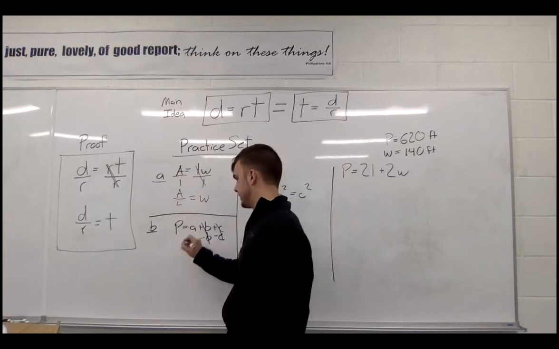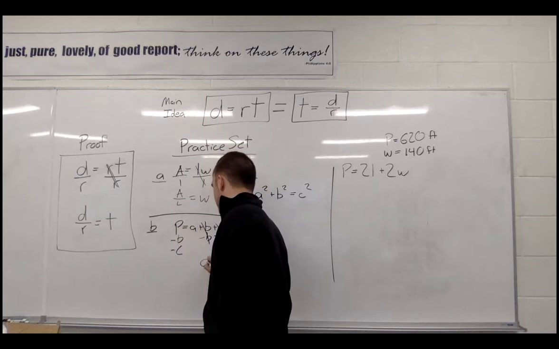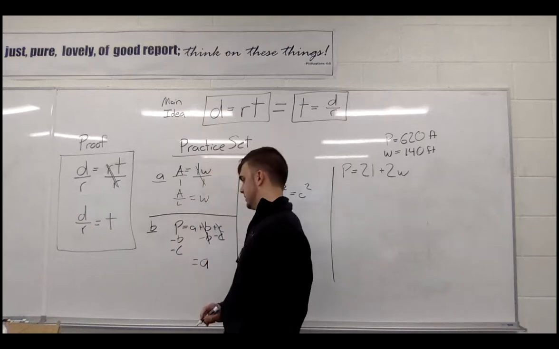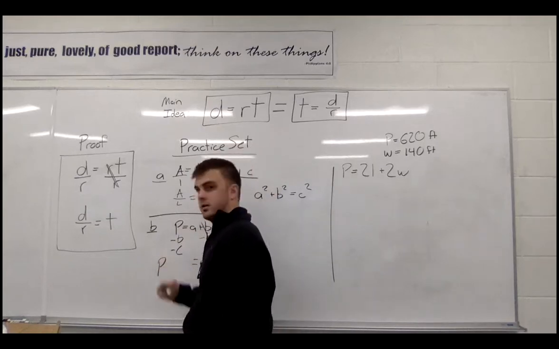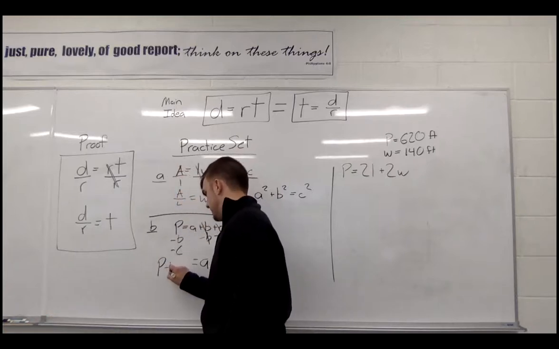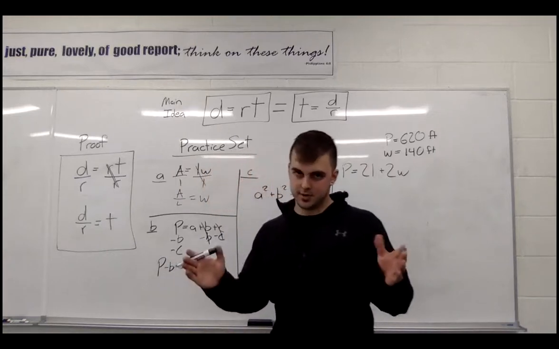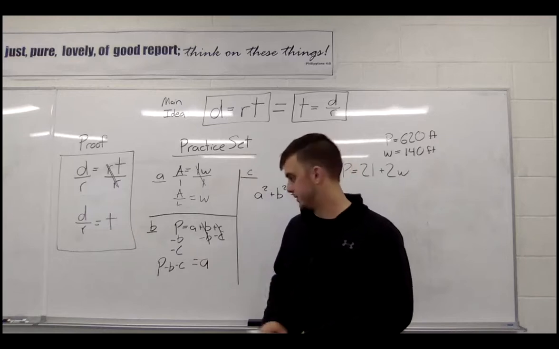Hold up, you have to do the same thing over here: minus B minus C. So A is equal to what? Well, you have to take the perimeter and subtract B and subtract C, and that gives you A. It's fairly simple there.